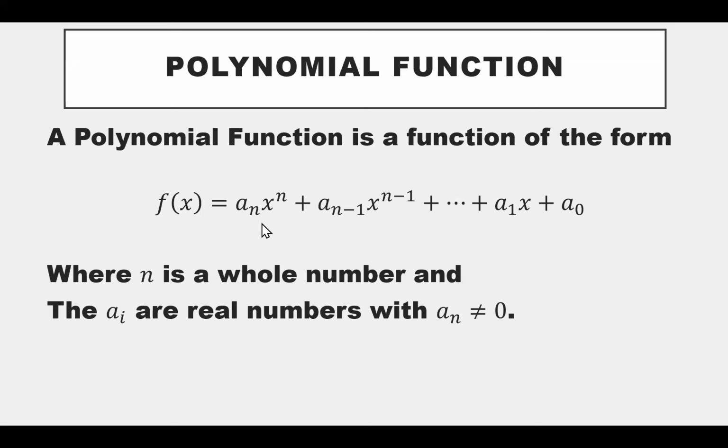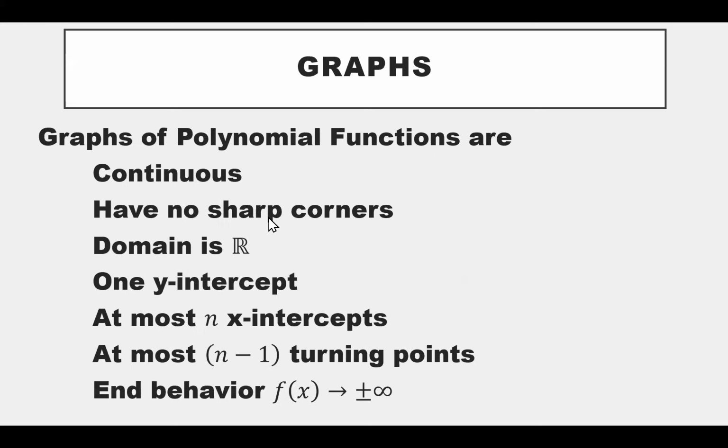So we have all of these terms where the powers, the exponents on x are whole numbers, and the coefficients will all be real numbers, with specifically this leading coefficient a sub n not being 0. We call it a polynomial function of degree n in this case.